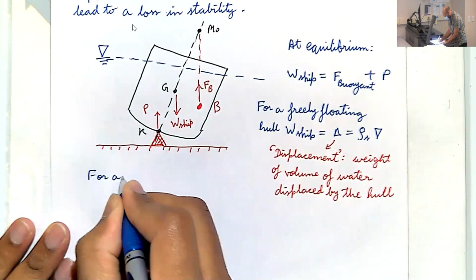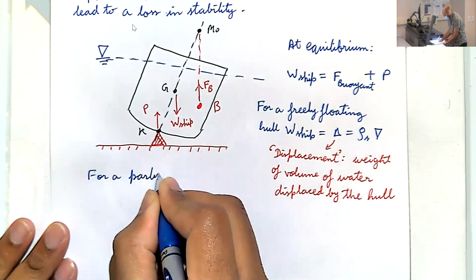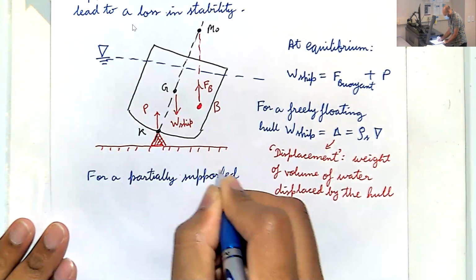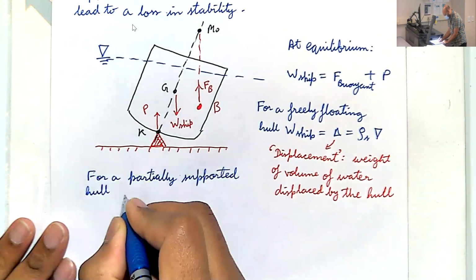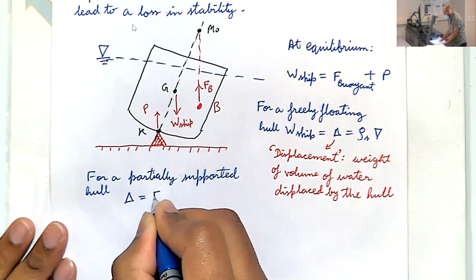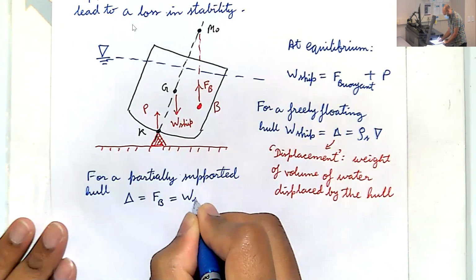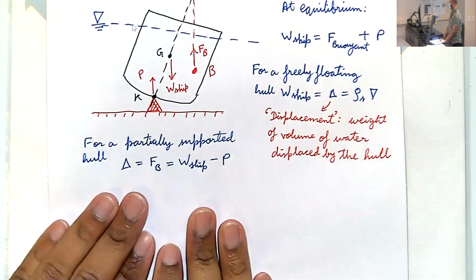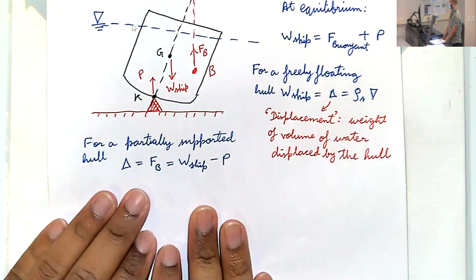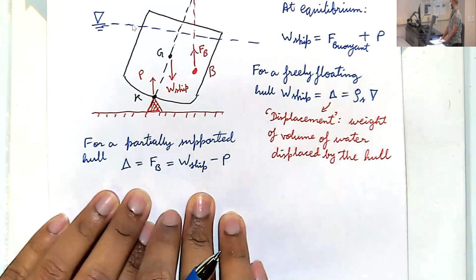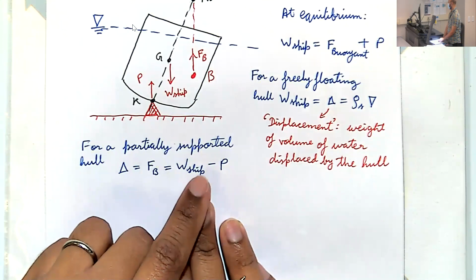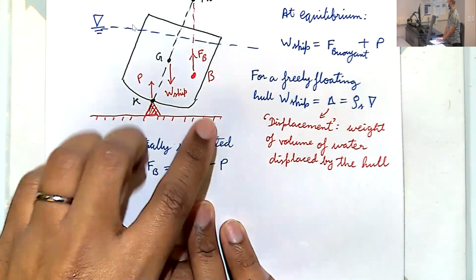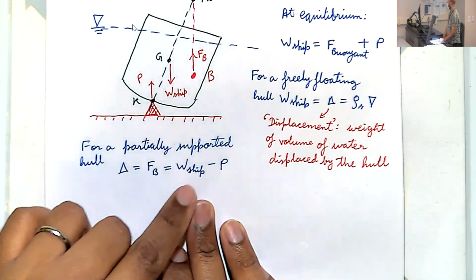For a partially supported hull, the displacement is equal to F buoyant, which is equal to W ship minus the reaction. Weight of the ship, part of it is resting on the ground, the other part needs to come from the water. So that's the buoyant force.